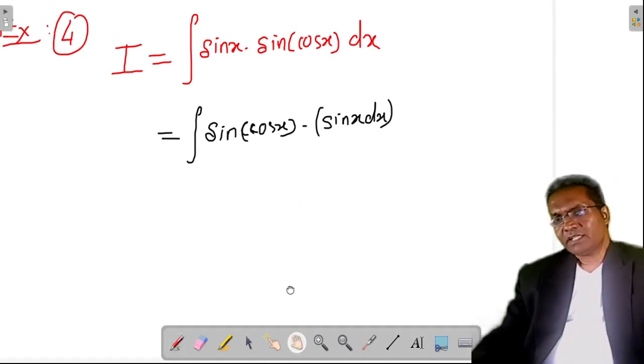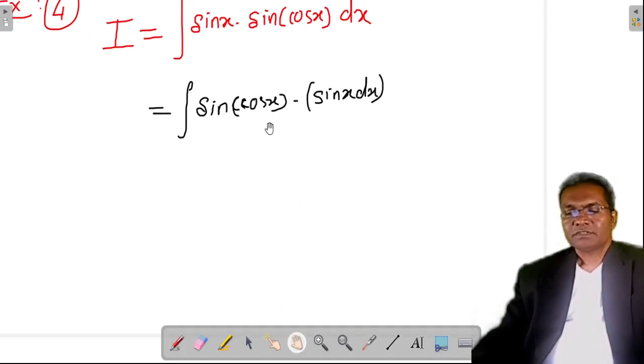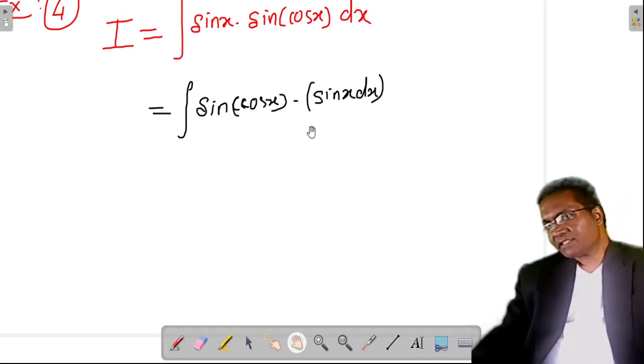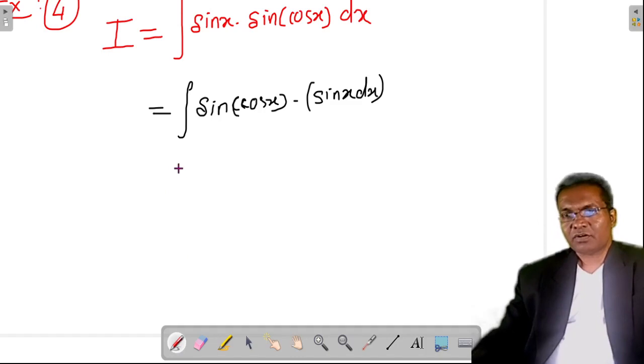Okay, the reason is to make the derivative of cos, which is sin x, visible.